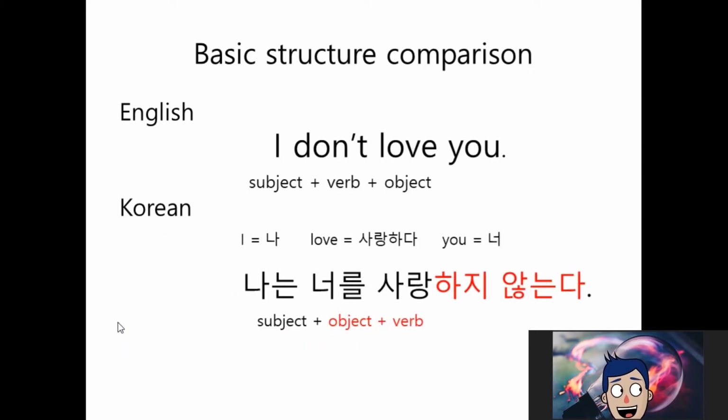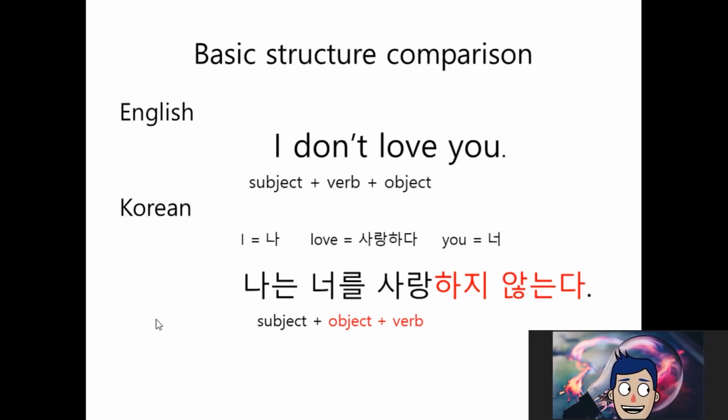In this case, I'm going to tell you about negative sentences, okay? So first, in English, you can say, I don't love you, right? So you have to put don't right before love. Or in case of be verbs, in that case, you have to put not right after be verb, right? Anyway, so subject, verb, object is the same, right? However, in the Korean language, it is a little bit different.